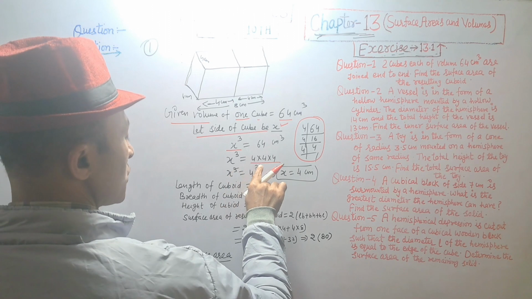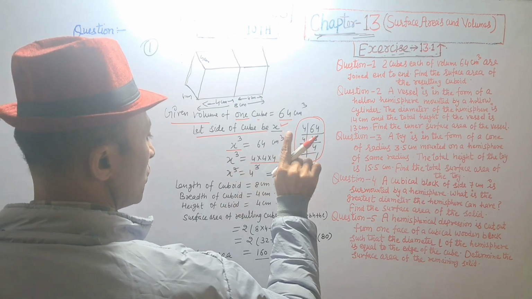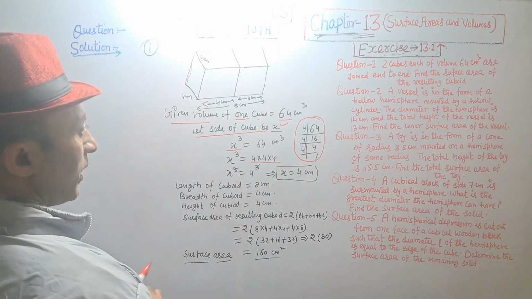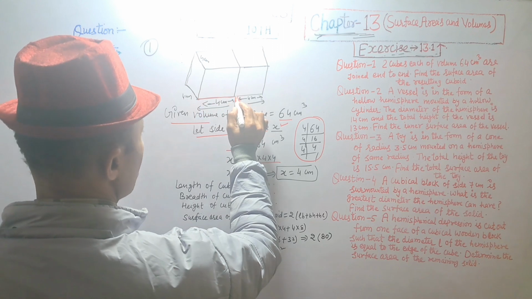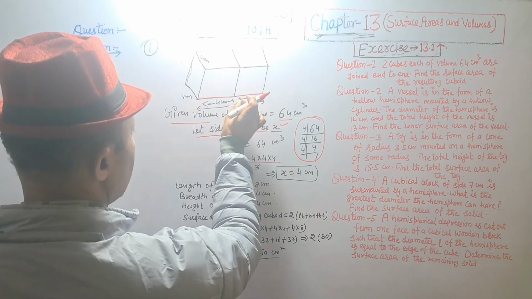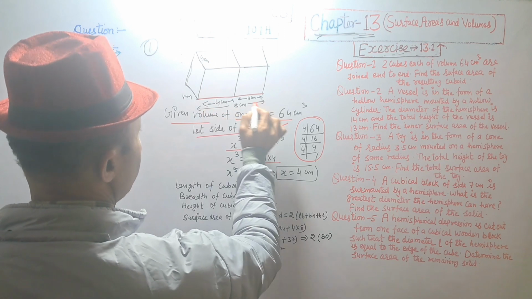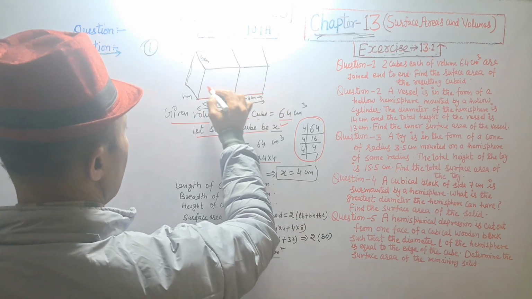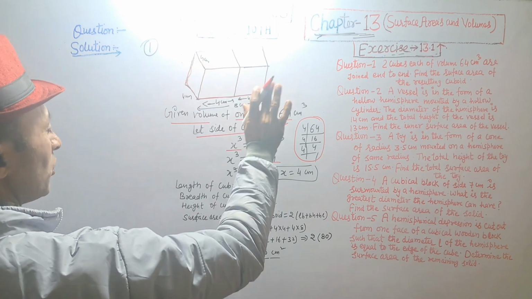X cube is 4 raised to power 3, which means side of cube is equal to 4 centimeter. And 2 cubes each means first cube, second cube. Total length is equal to 8 centimeter, 4 plus 4 is 8, and breadth and height in cube is 4, 4.